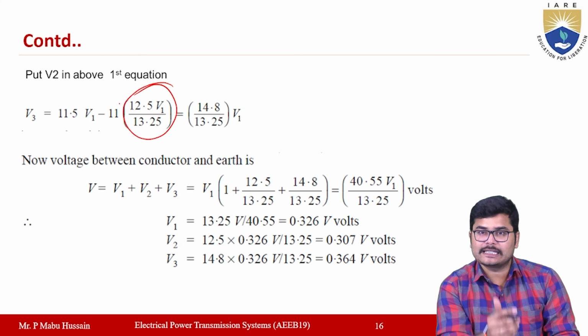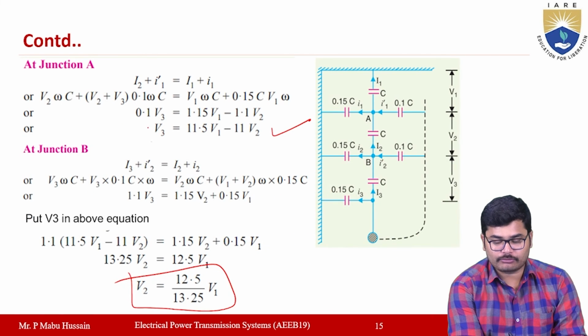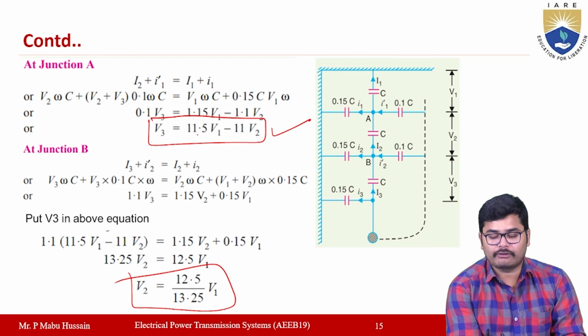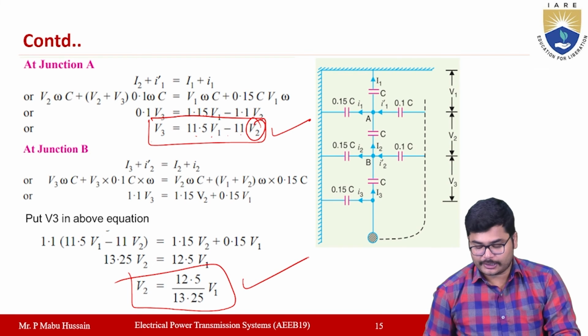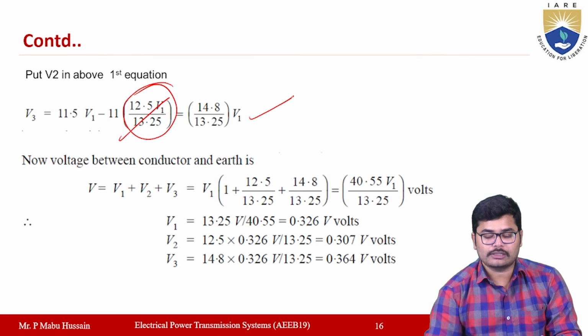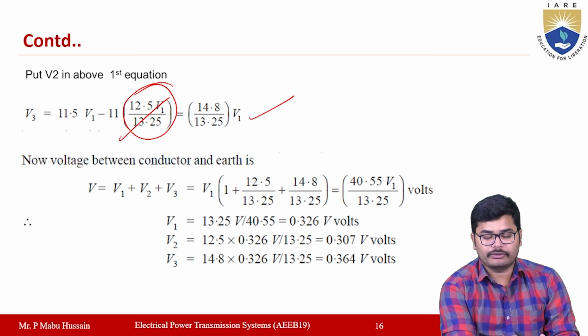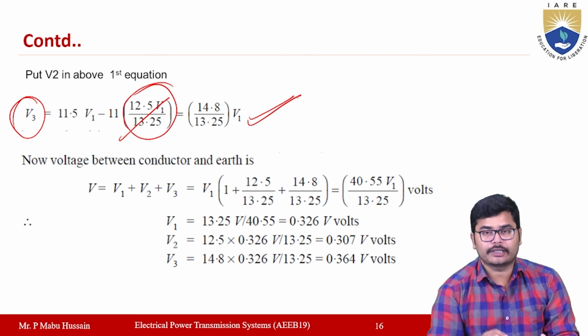So V3 is equal to 11.5 V1 from this equation. V3 is equal to 11.5 V1 minus 11 into, in place of V2, we are writing 12.5 by 13.25 into V1. So then you will get this equation. If you solve this you will get 14.8 by 13.25 into V1. So V3 in terms of V1 you are getting here.